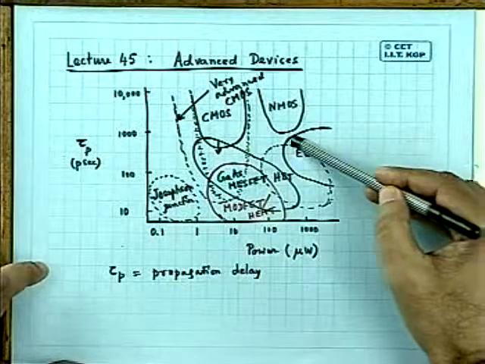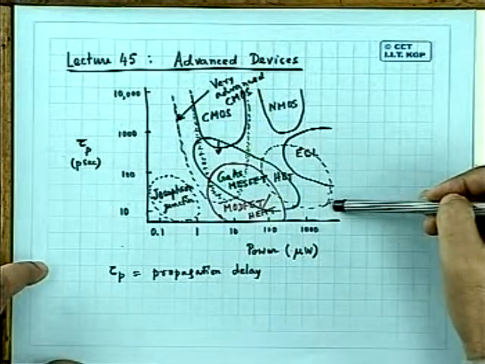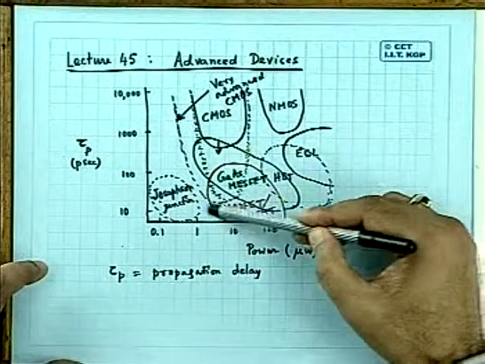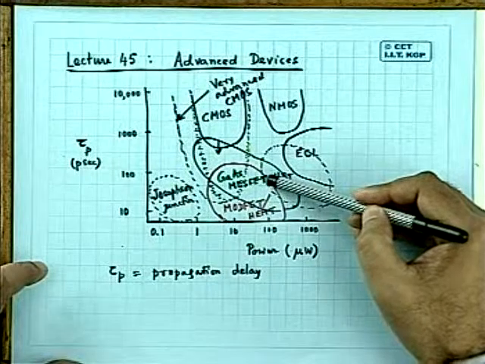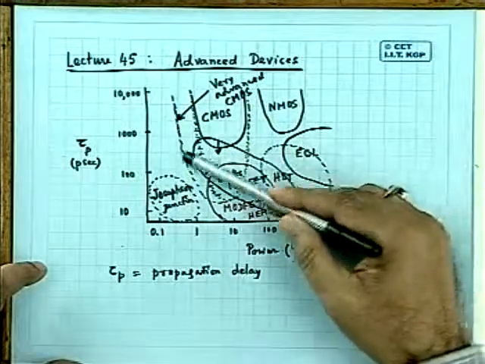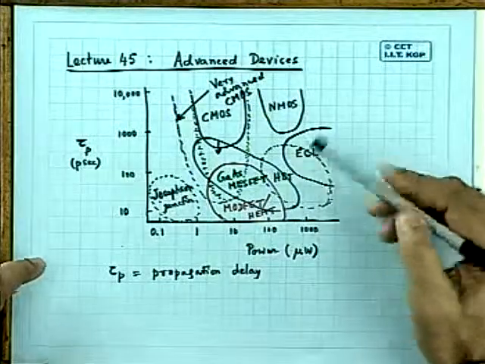But then HBT is a heterostructure device, and MODFETs are also heterostructure devices. On the other hand, gallium arsenide MESFET is not heterostructure. It is basically on semi-insulating gallium arsenide, but it is a pure gallium arsenide technology, a single element, single semiconductor.